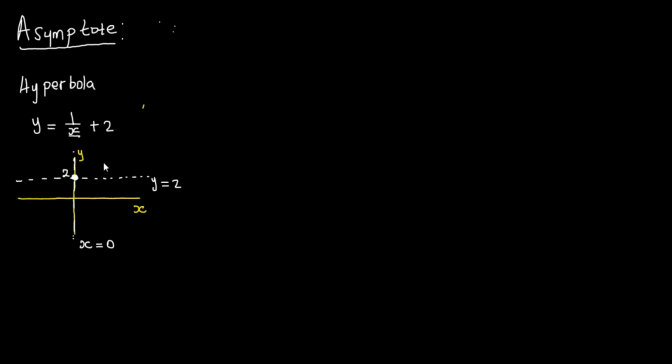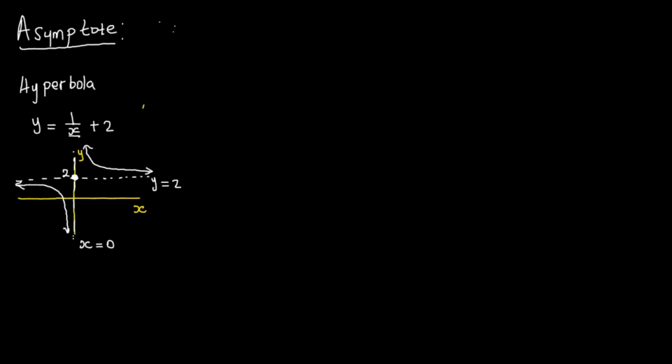At 2. Since the value of a is positive, I'm going to have my graph in the first quadrant and the other graph in the second quadrant. The other graph will be like this. Remember, it must not touch the asymptote.